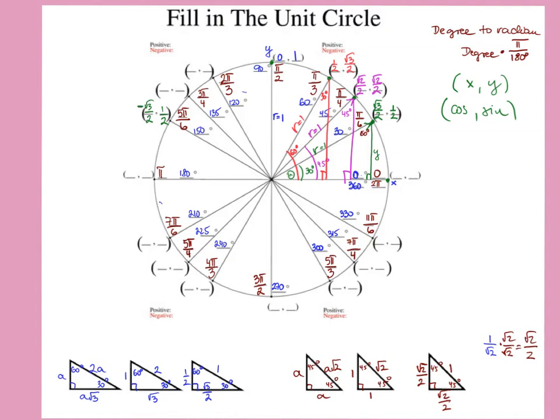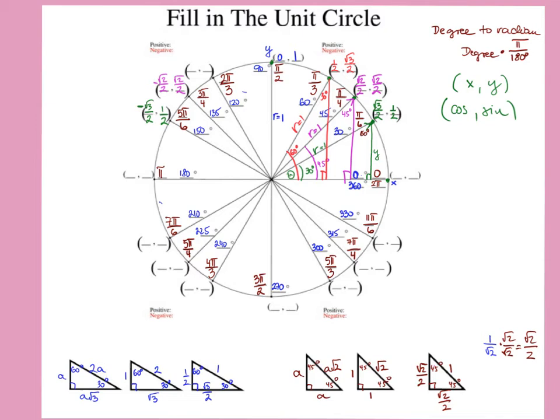Now I move to the second point, which is going to be √2/2 and √2/2. Again, if I reflect it over the y-axis, my x-coordinate will become negative. So negative √2/2 and √2/2. And this is going to be my 135-degree angle.